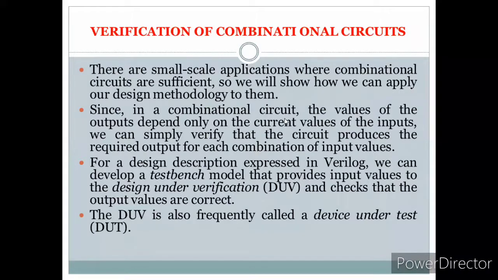Whatever input I give, it should produce the respective output while meeting all the constraints: timing, area, power, performance, and cost, the basic five. That is the important thing to think about when you are designing the model.